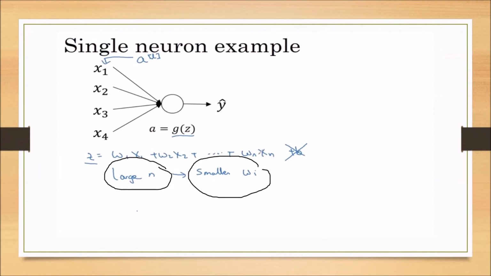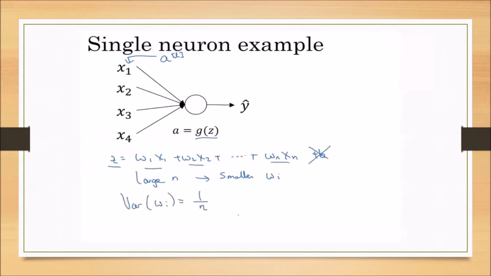So according to the number of activation units in the particular layer of the neural network, we should vary the W. The variance of W should be equal to 1 by n.